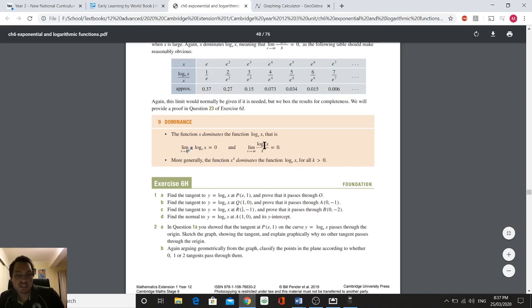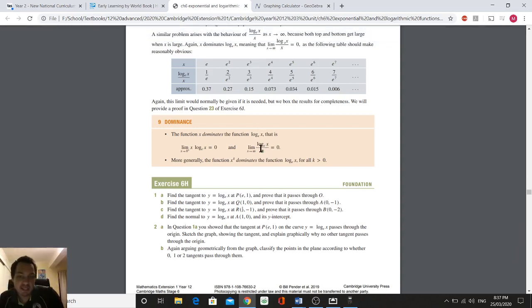But for this second graph, as x approaches infinity, as the numbers get larger, the numerator is a smaller number than the denominator. So the number starts to approach 0 as the denominator gets much larger. That's saying x becomes a much larger number than ln x.